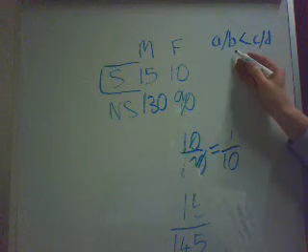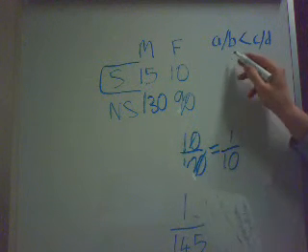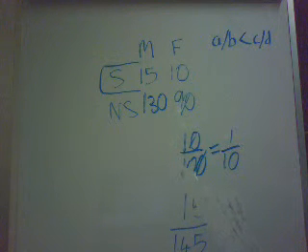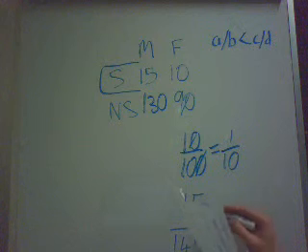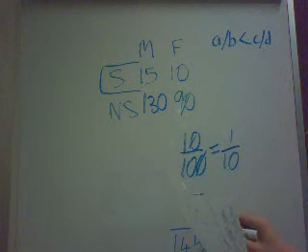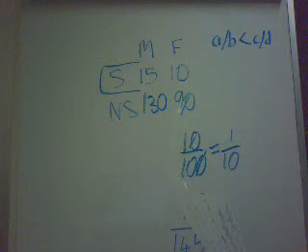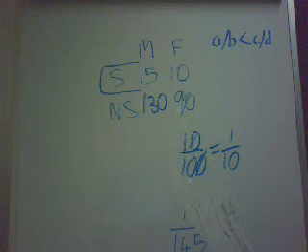Conversely, if A upon B is greater than C upon D, then A upon B divided by C upon D would be greater than 1 in value. So we don't necessarily have to simplify this. We could just look at the ratio of the two fractions, and it's worth noting that this one, since it's a tenth, is going to be easy to divide into the other one.